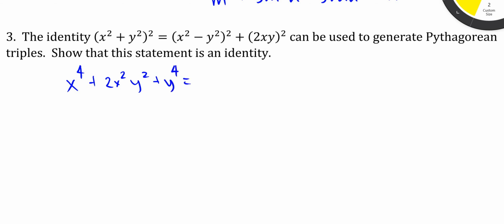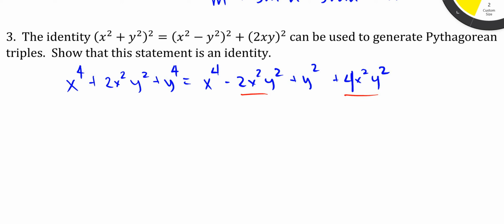If you don't understand it, make your boxes. It'll work just fine. If we do the same thing on the other side, I wind up having x to the fourth minus 2x squared y squared plus y to the fourth plus 4x squared y squared. If you combine your like terms here and here, we wind up getting the same thing on both sides.